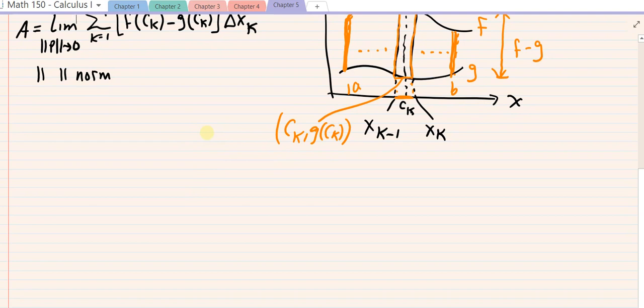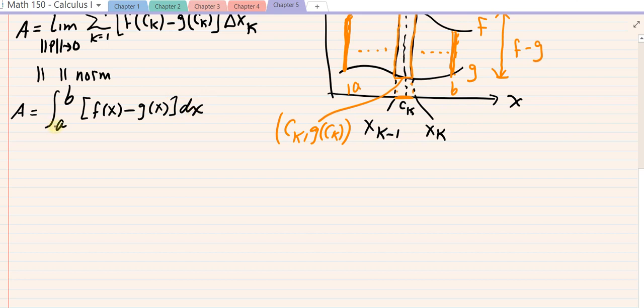So this area, therefore, is the limit of Riemann sums, which ends up being the definite integral from a to b of f of x minus g of x, dx. Okay, that's what it turns out to be.